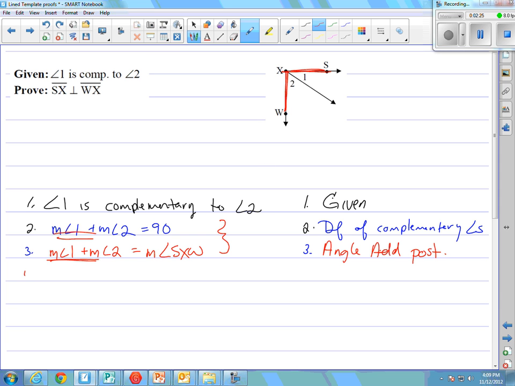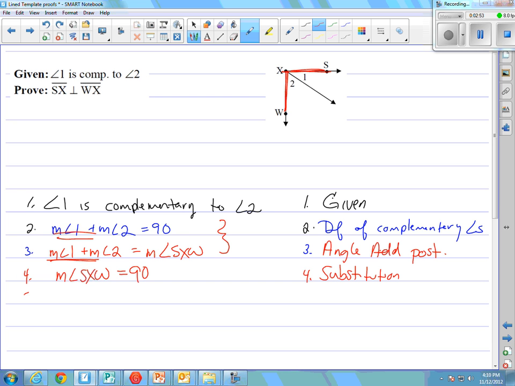So my substitution that I'm going to use here is to replace 1 plus 2 with SXW. So I'll say measure of angle SXW is equal to 90 degrees. That's just substitution. Again, I knew 1 plus 2 was 90 and 1 plus 2 was SXW, so let's replace 1 plus 2 with SXW.